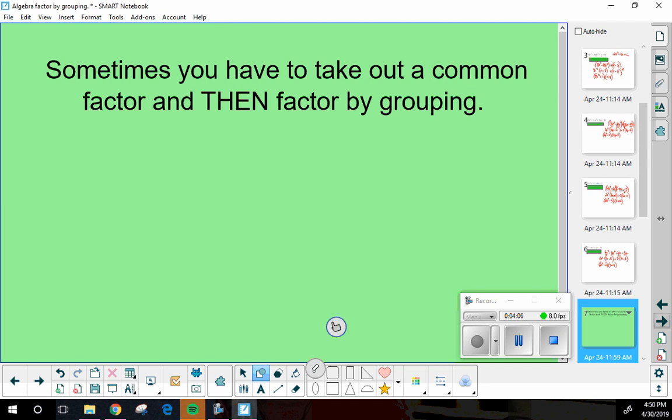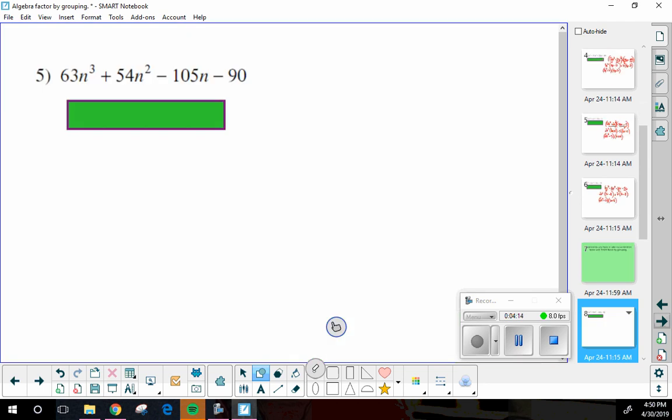Okay, sometimes when you're factoring, you have to take out a common factor and then begin factoring. So if you'll write these down with me: 63n cubed plus 54n squared minus 105n minus 90. I see that a 3 can go into all of these terms.